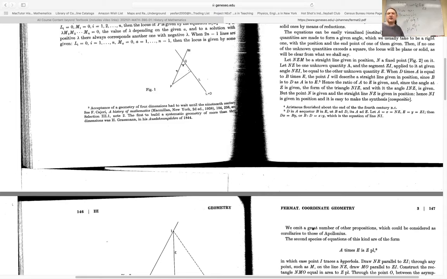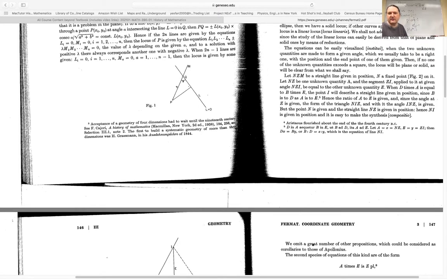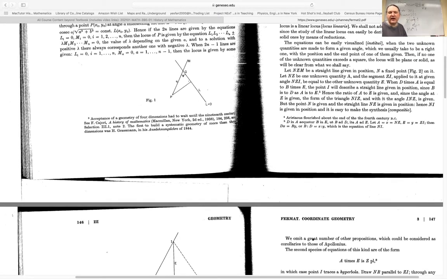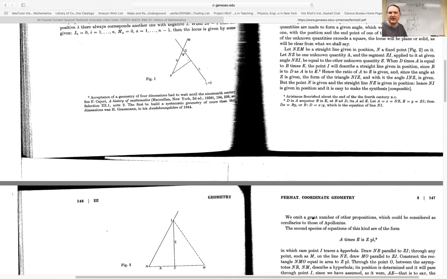All right, so here is some work of Fermat making sense of just an equation of a line. He starts off wanting to look at this picture and this text. So let NZM be a straight line, given in a particular position.